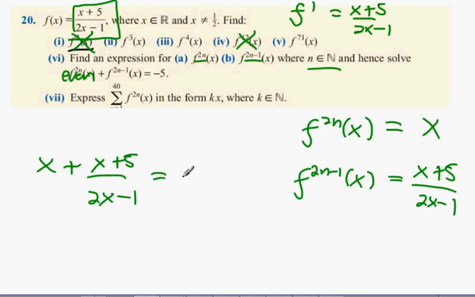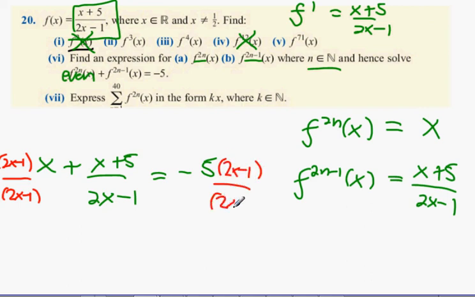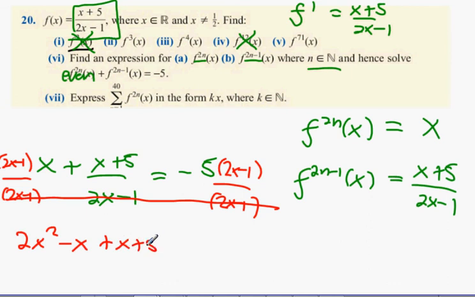In this case, we're going to multiply both sides by 2x minus 1 over 2x minus 1. This side is going to be 2x minus 1 over 2x minus 1. 2x minus 1's cancel. And we're going to get 2x squared minus x plus 5 equals minus 10x plus 5.